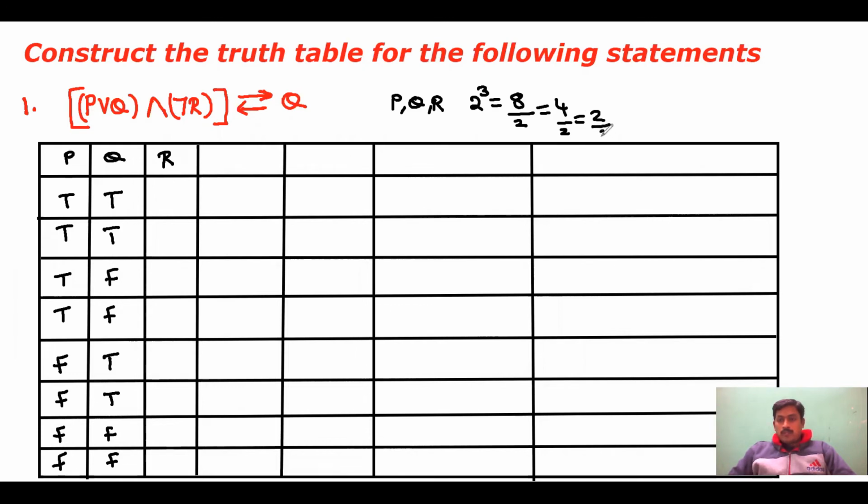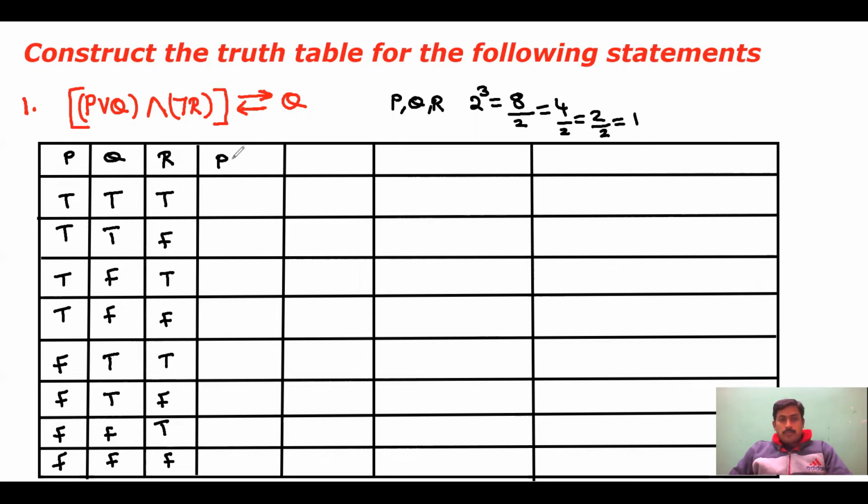Again divide by 2, you will get 1. So alternate T F, T F, T F, T F.